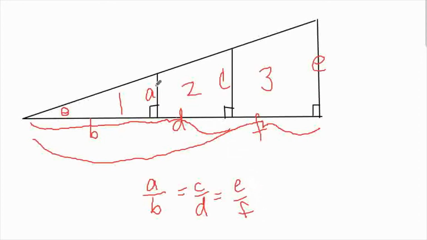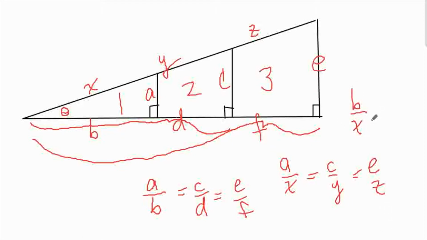Okay? If you measured, let's say, the hypotenuses of these right triangles, you would notice other ratios are the same. A over X, C over Y, E over Z. All right, and likewise B over X, D over Y, and F over Z. So in a sense, it really doesn't matter which right triangle you use for an angle.